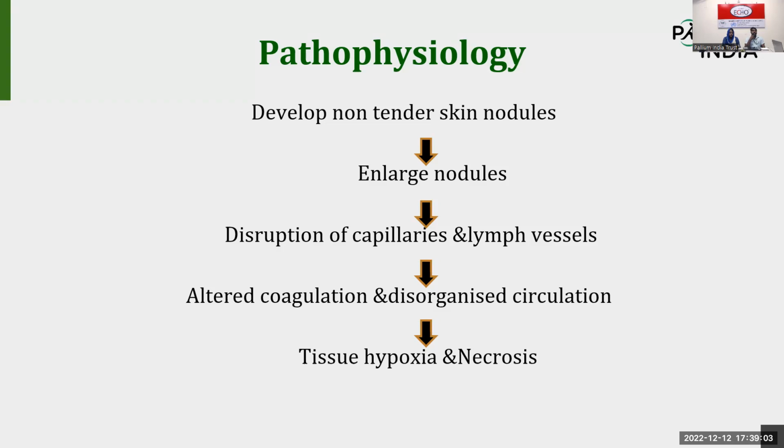In some cases, it will affect the coagulant, causing profuse bleeding. If disruption causes clot formation, it will affect the blood flow also. So it will cause altered coagulation or disorganized circulation in the blood capillaries and the lymphatic vessels. Then tissue will become hypoxic, oxygen supply will decrease, and necrosis also will happen in that area.